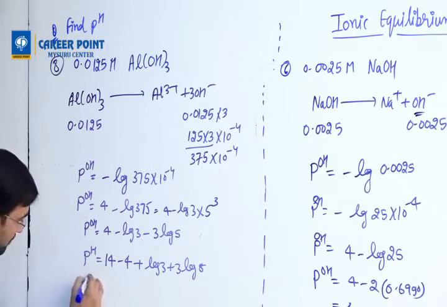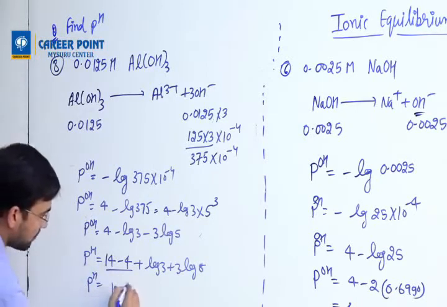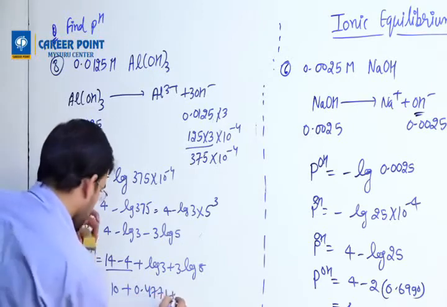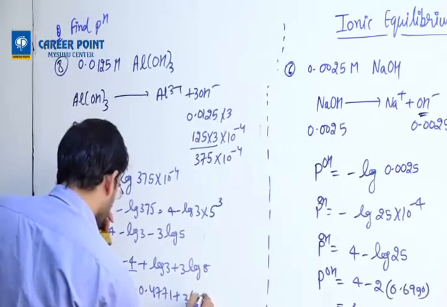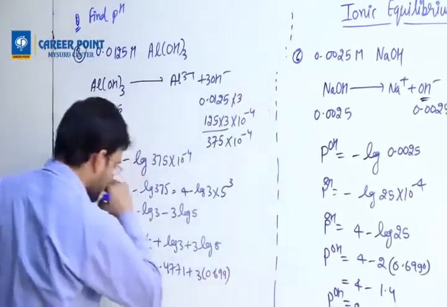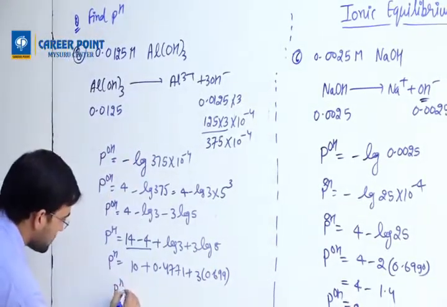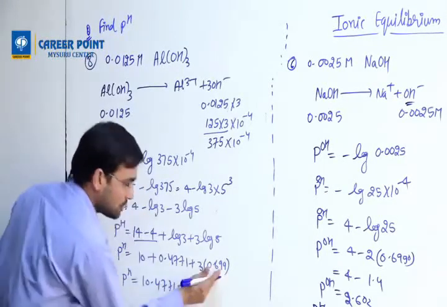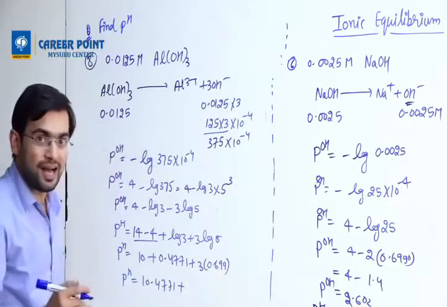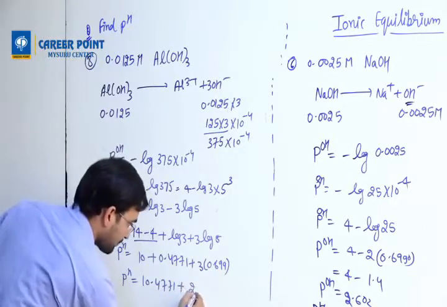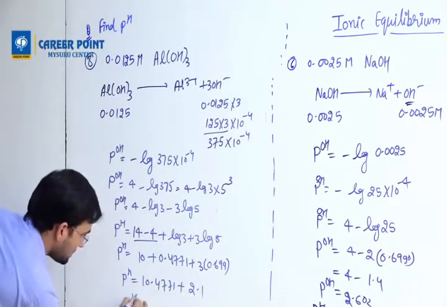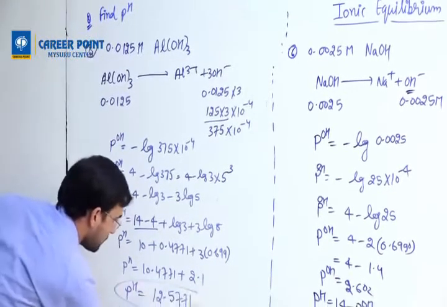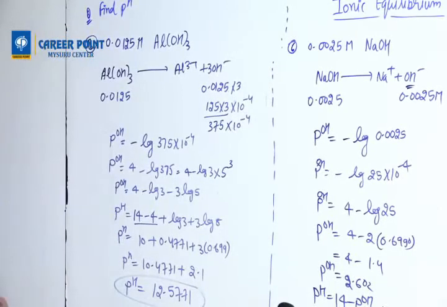This gives you 10 plus log 3, which is 0.4771, and 3 times log 5 is 0.699, that is 0.7 times 3, which is 2.1. So pH equals 10.4771 plus 2.1, which is 12.5771. That is your answer.